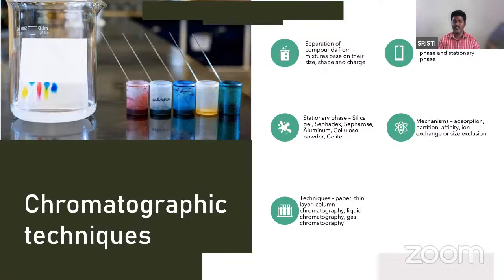The stationary phase is mainly silica gel, Sephadex, sucrose, alumina, cellulose powder, and silane. The mechanism of separation is through adsorption, partition, affinity, ion exchange, or size exclusion. The different techniques we are going to follow are paper chromatography, thin layer chromatography, column chromatography, gas chromatography, and liquid chromatography.